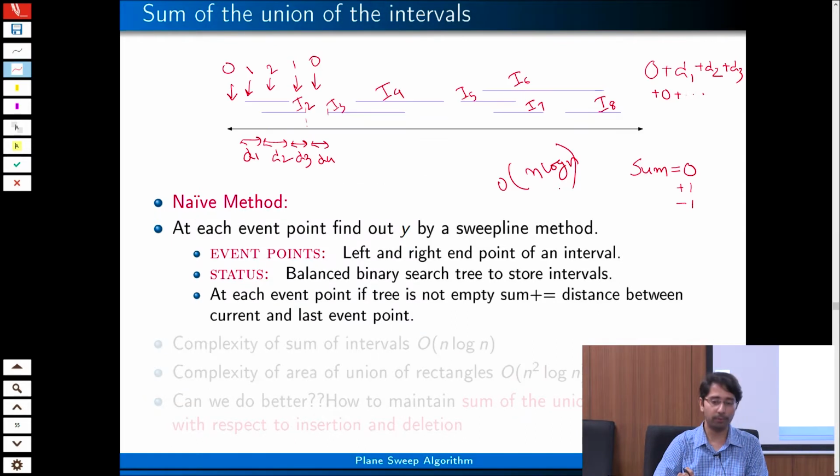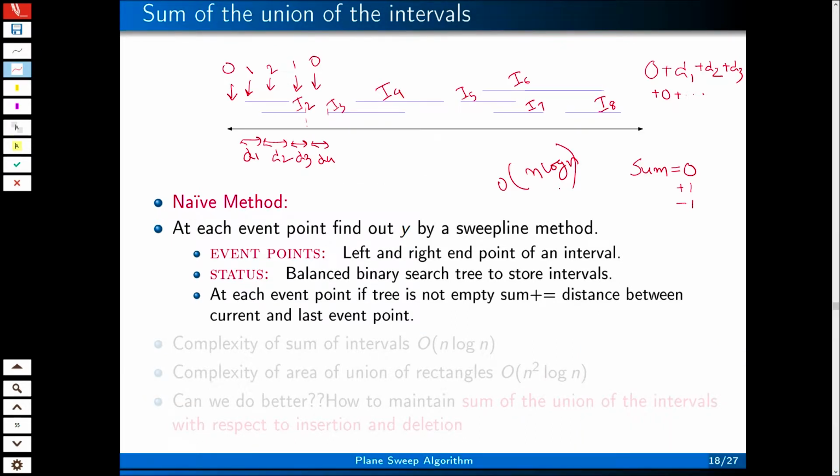For this problem, you have to sort the endpoints and process in the sorted order. Sorting takes n log n time. So things come in a step by step manner. If you look at the final result, it is complicated. If you think step by step, it is not that difficult. Is it clear?